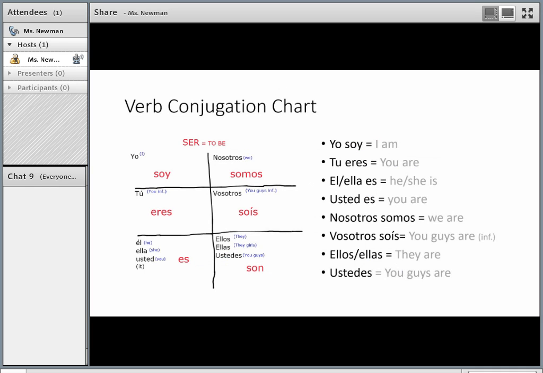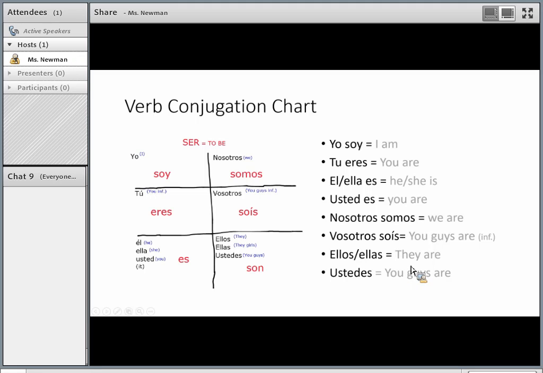Okay, so let's look at how that looks here. Right, we have our verb chart. You can see this in the written format. So yo soy, I am. Tú eres, you are. Él or ella es, he or she is. Usted, you are. Nosotros somos, we are. Vosotros sois, you guys are. Ellos, ellas, they are.